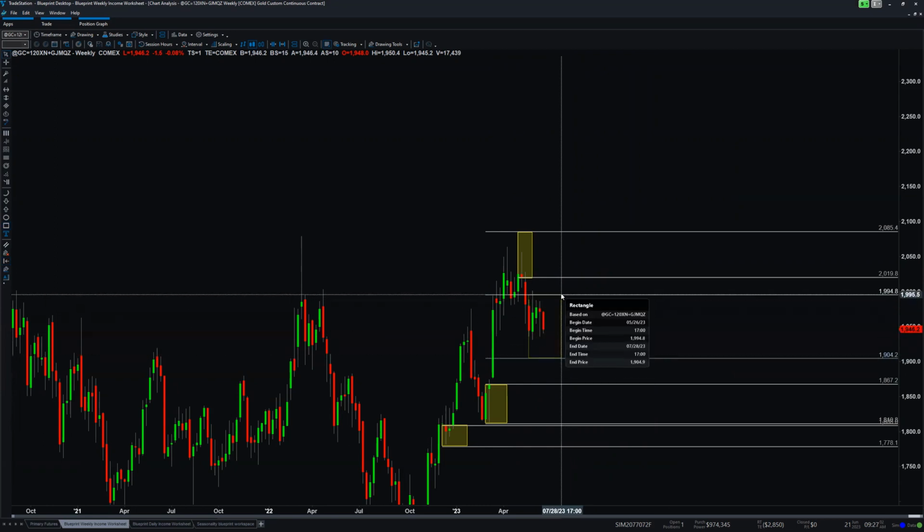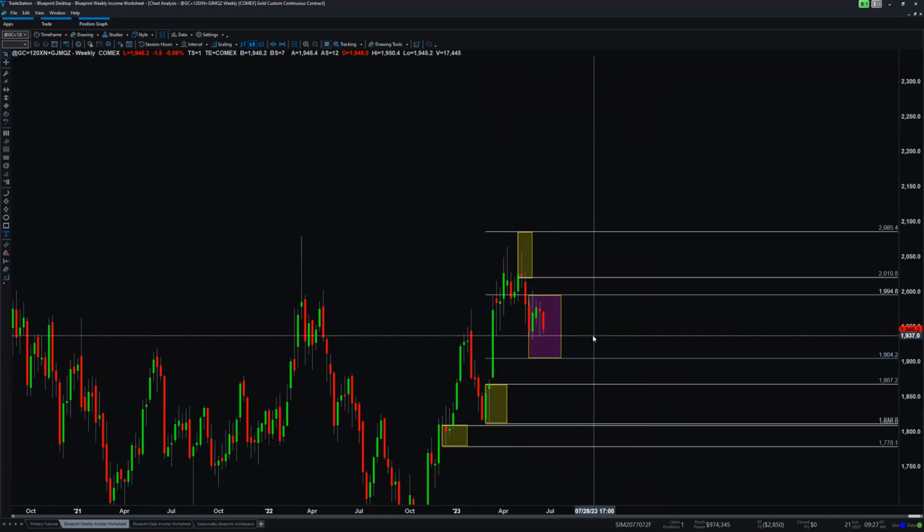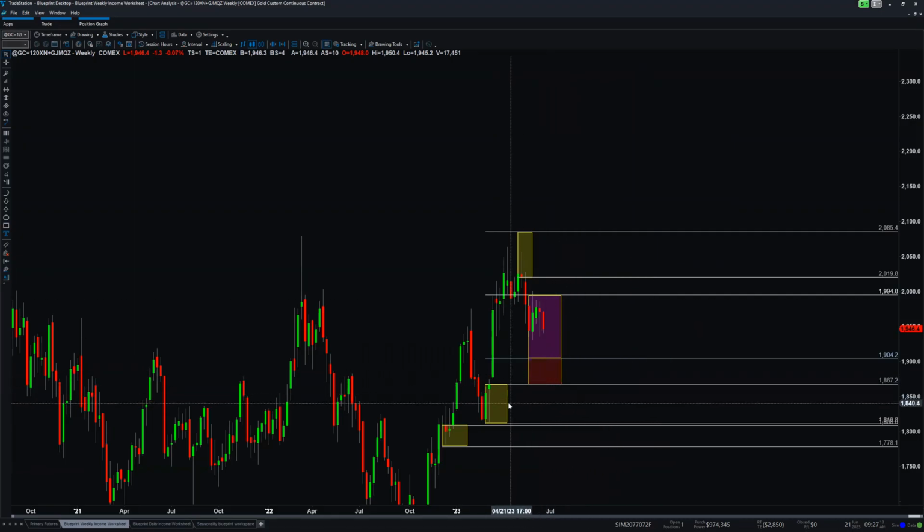That's a very clear equilibrium. And I also have a clear low, and then a clear very low.